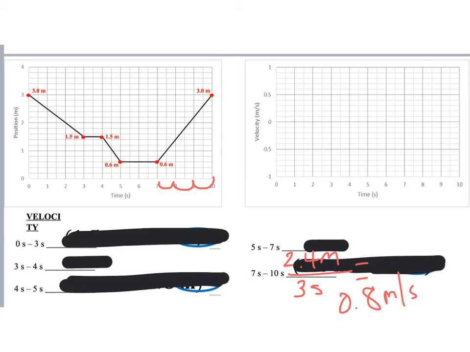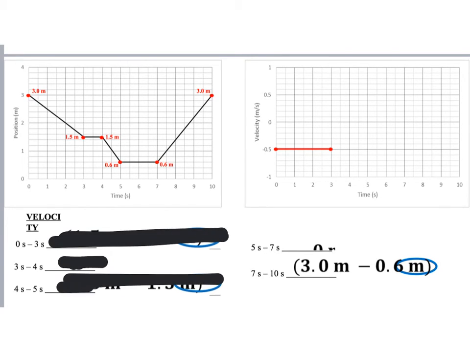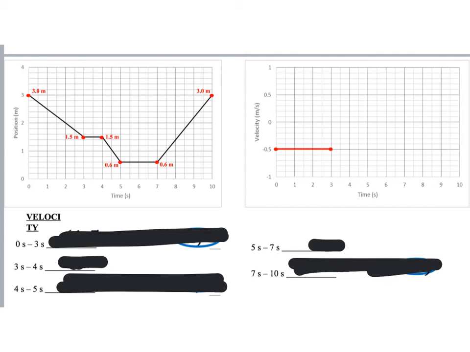So now what we have to do is put all of this onto our graph. So the first thing that we do is we take our first velocity, which is negative 0.5, and we draw a line from 1 to 3 seconds at the negative 0.5, because the object was going at that constant velocity for that entire time period.